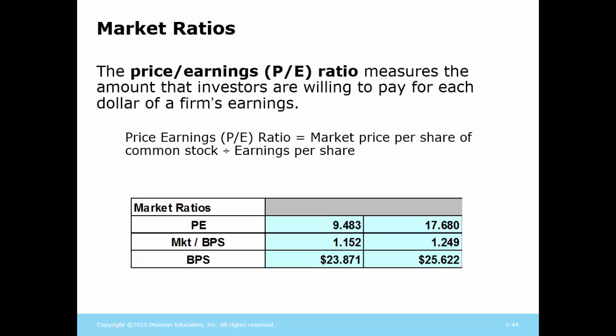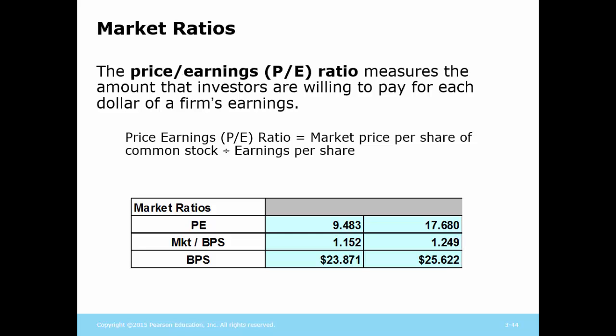Now in the end, as we talk through this course, we want to understand that increasing profitability is very good, but from the very first chapter, remember, we really want our focus point to be on stock price. One of the ratios we can use that gives us a little bit of a picture of this is something called the PE ratio. The PE ratio is the stock price divided by earnings per share.